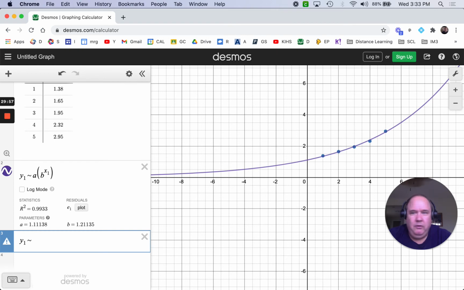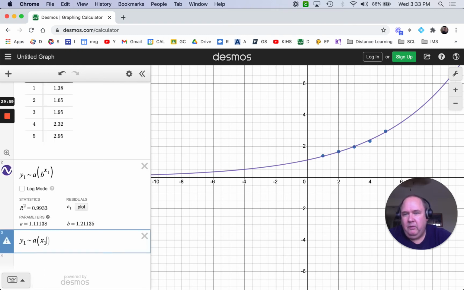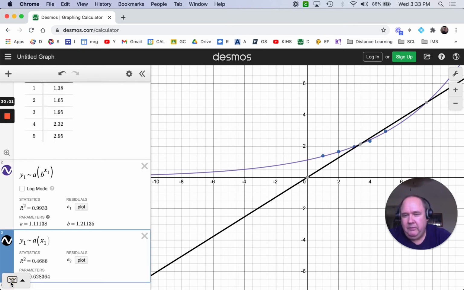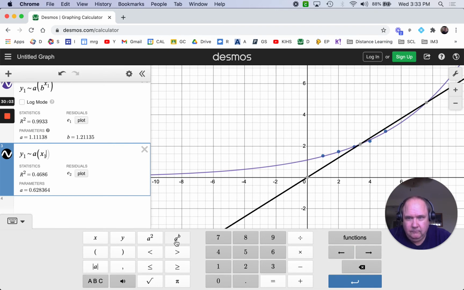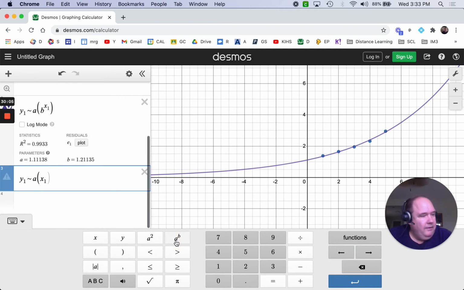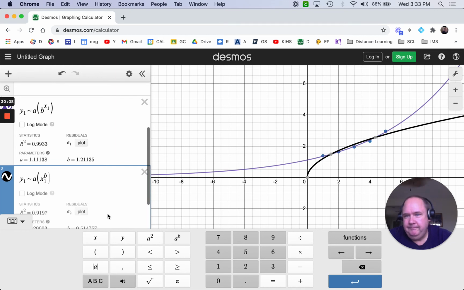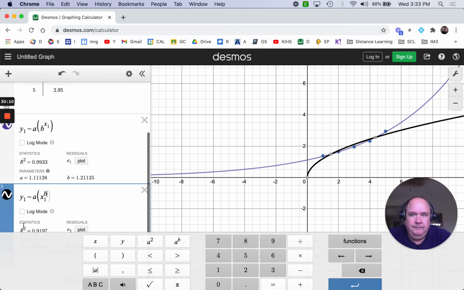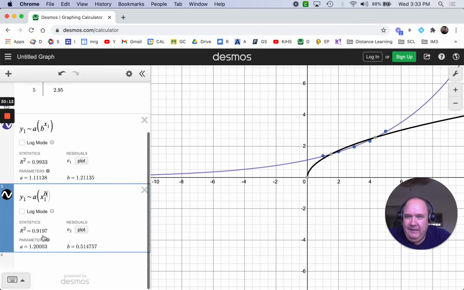The power one would be a x1 to the exponent b. 0.91, that's worse. So we're looking for the one closest to positive 1. So far, this one is a better one. I'm just going to X it out.